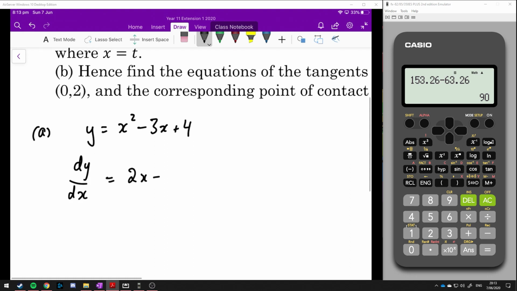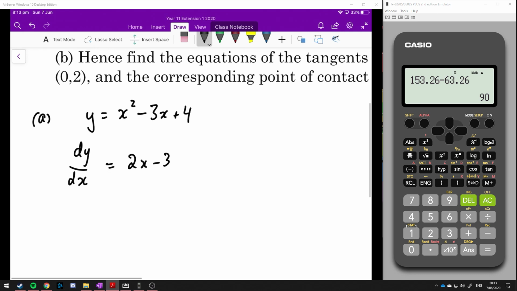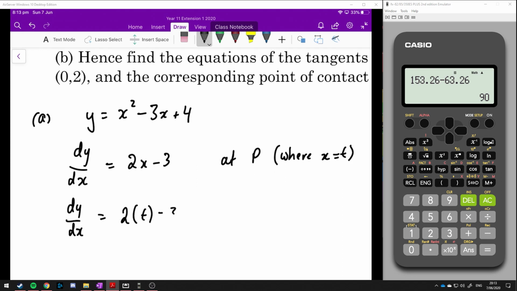So that's 2x minus 3. Now we want to find it at this particular point P, so where x is equal to t, we get dy/dx is equal to 2 lots of t minus 3, which is just 2t minus 3.